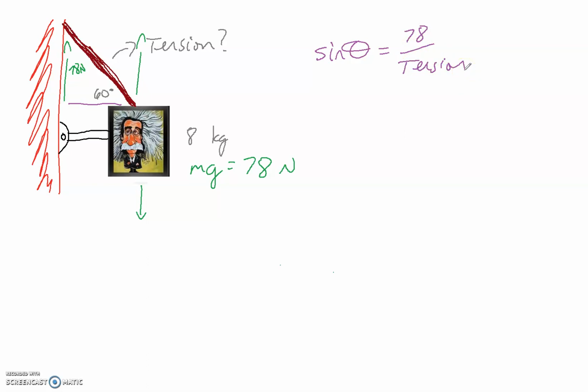And once you have that, it's relatively easy to solve for what the tension in the cable might be. So if I switch things around, 78 divided by sine theta gives the tension. If I do that, your tension is, give or take, around 91 newtons. So it's about 91 newtons of tension in the cable.